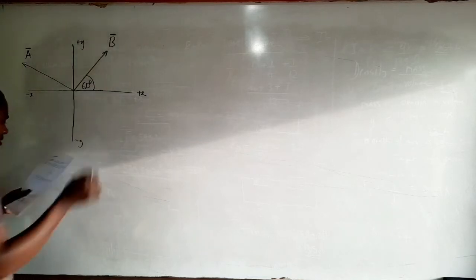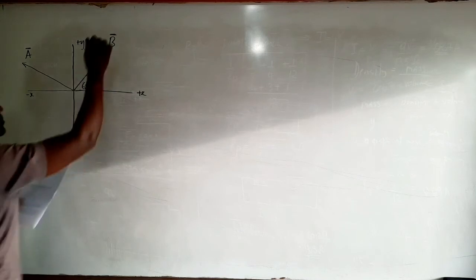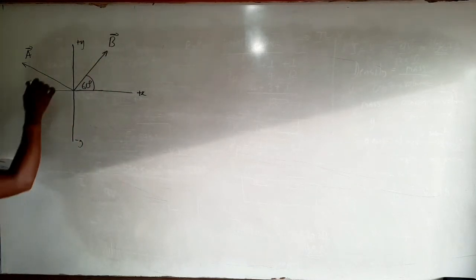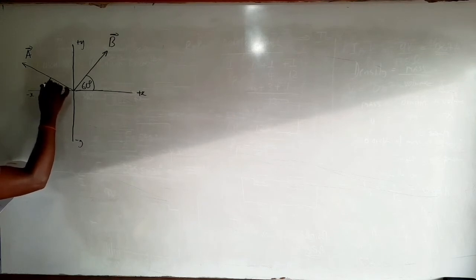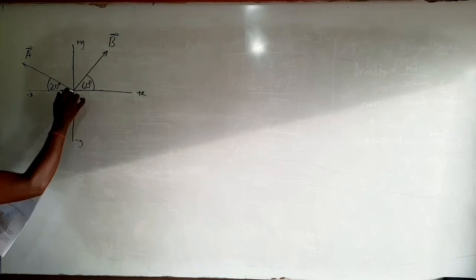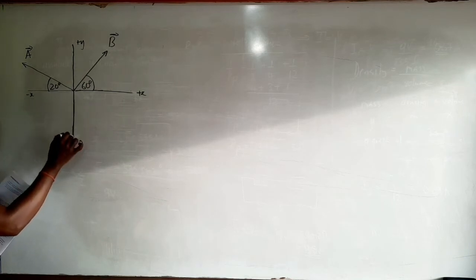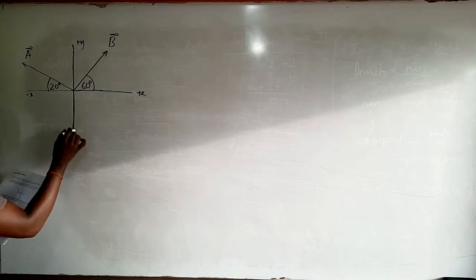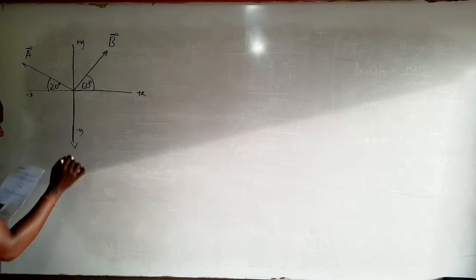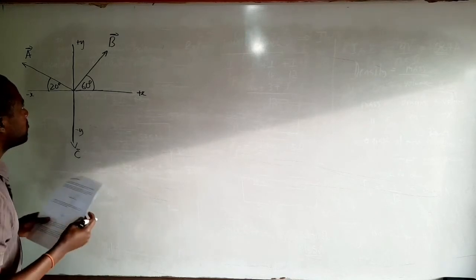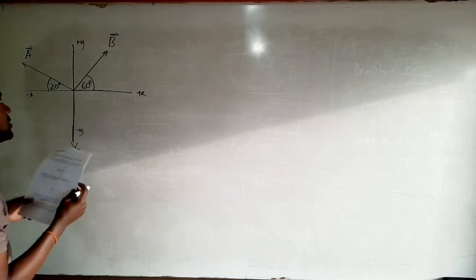We have A, which acts at 20 degrees above the negative x-axis, and we have vector C, which is acting along the direction of the negative y-axis. So this is vector C.